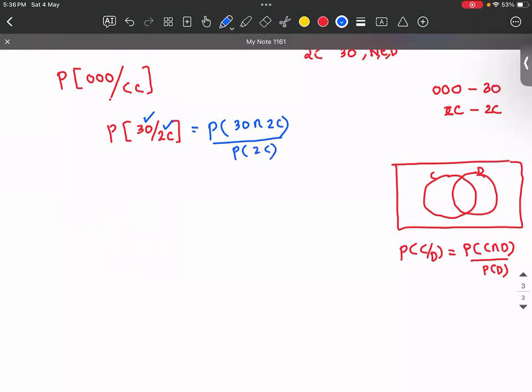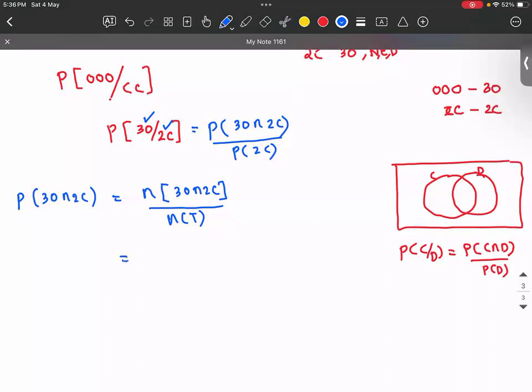So what is the meaning of 3O intersection 2C? We need the probability, so we will write the definition of probability of 3O intersection 2C here. It means the number of arrangements that give 3O and 2C together divided by the total number of arrangements for these 8 letters.